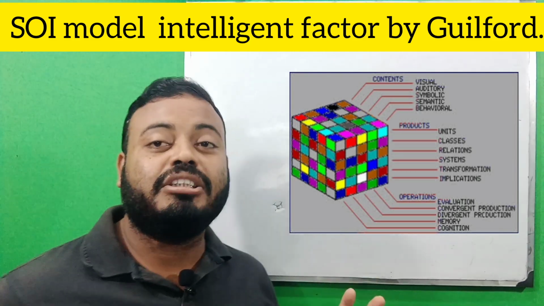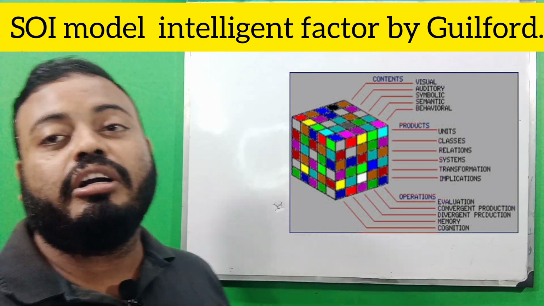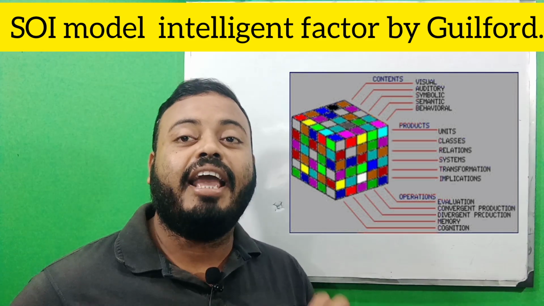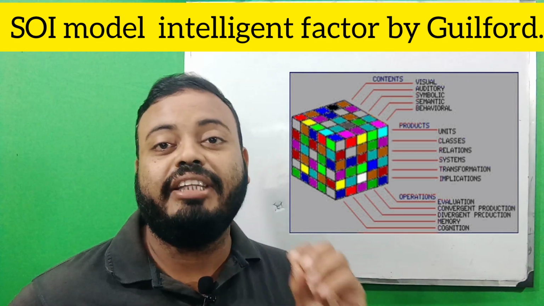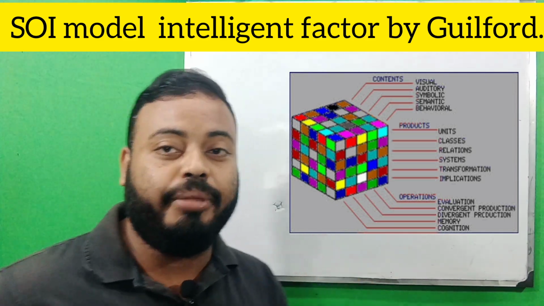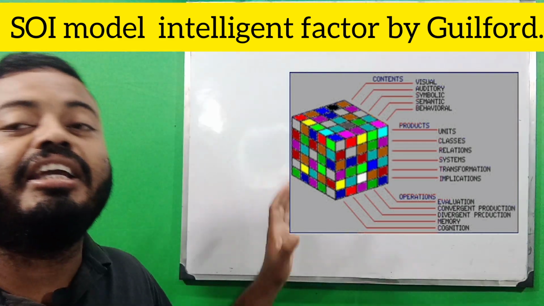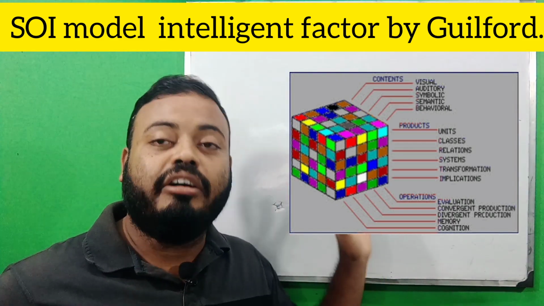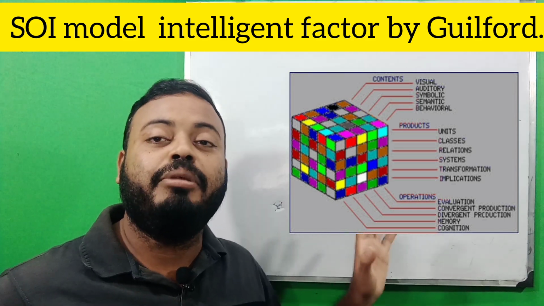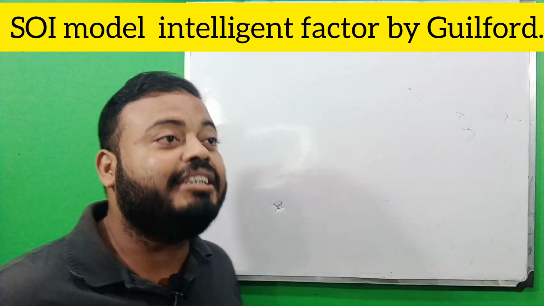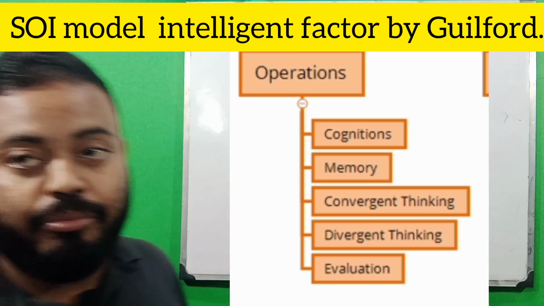First, cognition. Cognition means a person has some knowledge about a particular topic. Here Guilford wants to measure the cognition level of human beings. Next, we learn about memory.